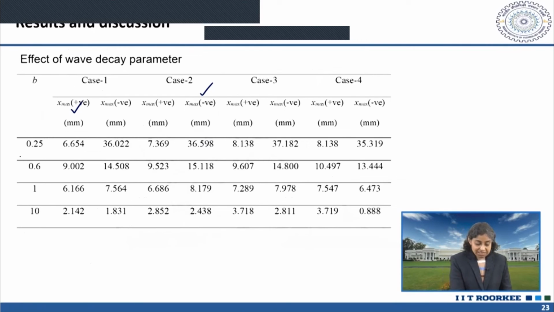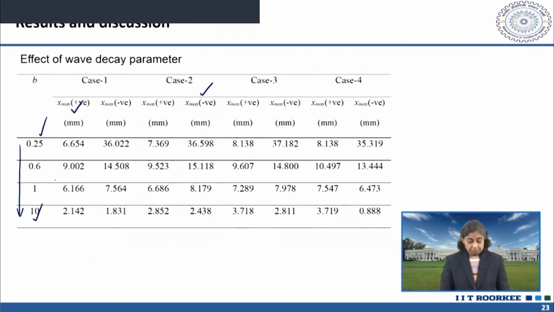As this wave decay parameter increases, say from 0.25 to 10, see how for every case the displacements are reducing. Not only the maximum positive displacement, but also the maximum negative displacements are reducing.